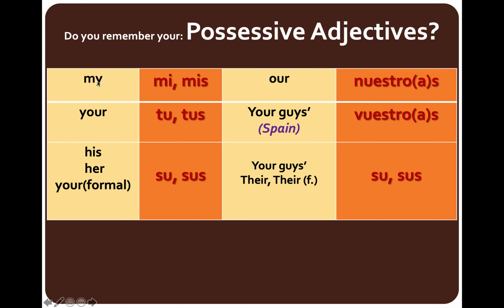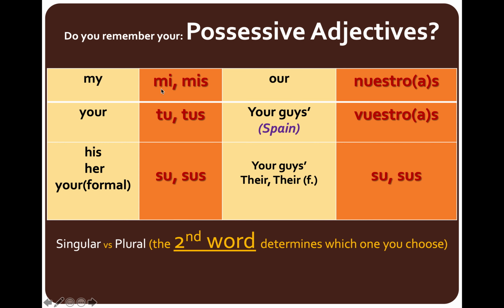So if you remember, my can be said in two different ways. It's either mi or mis, right? And how do you choose between one and the other one? Well, mi is the singular form, and mis is the plural form, right? And how do you know which one to choose? Well, the second word helps you determine which one you choose.